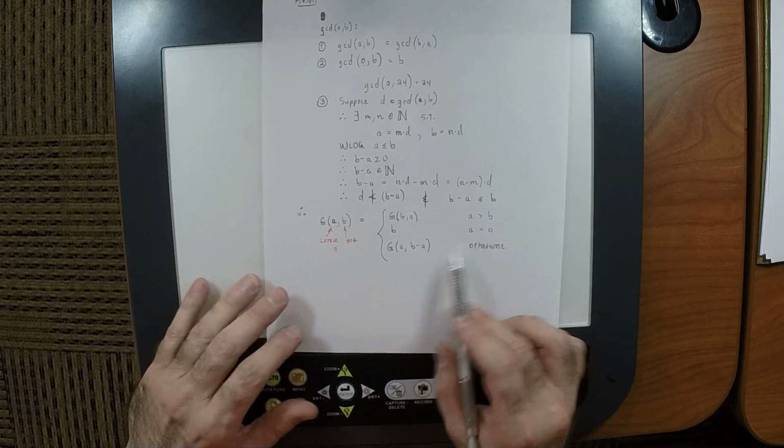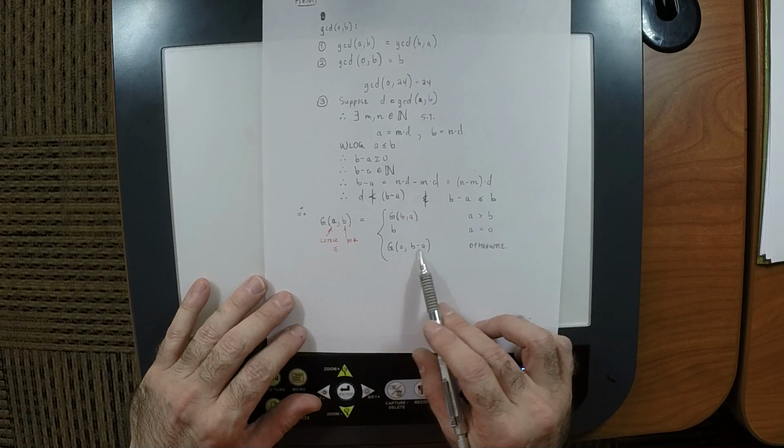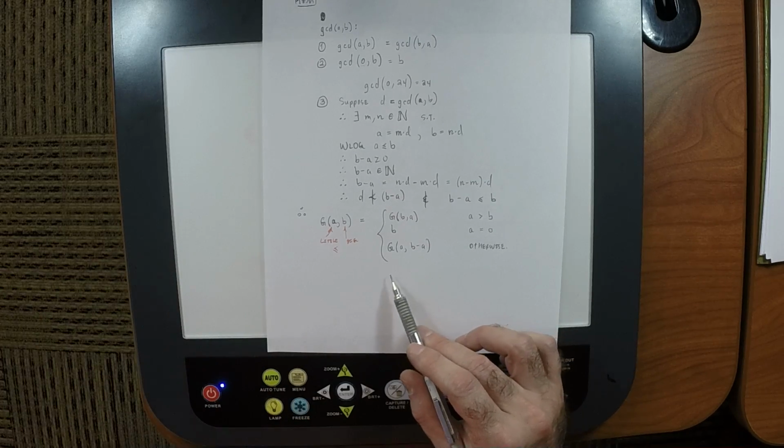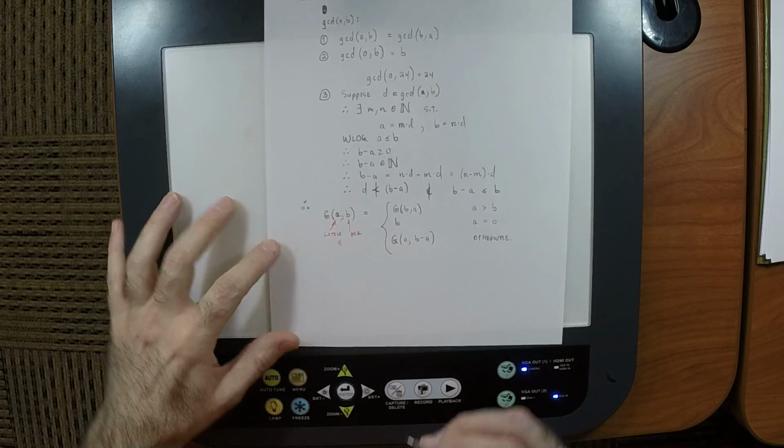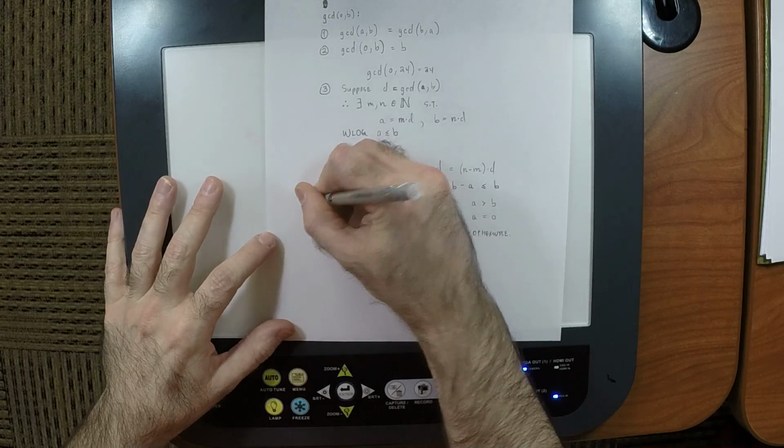So A had to be at least 1. So we made the second argument at least 1 smaller. So that means we're descending. So we make progress. So it's possible to calculate.